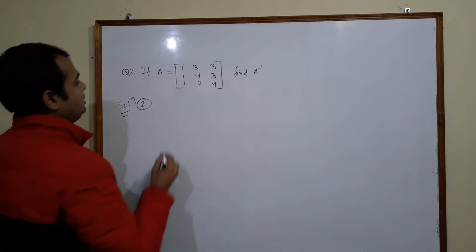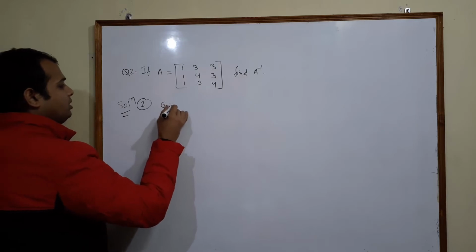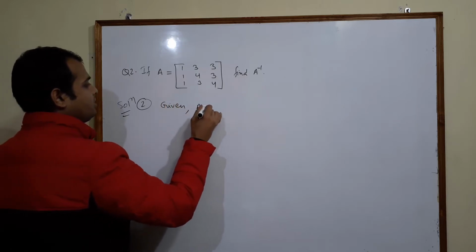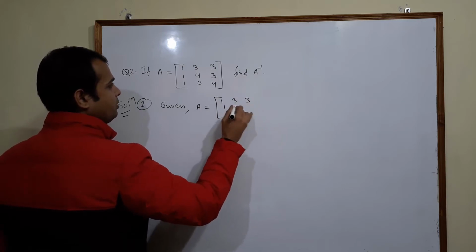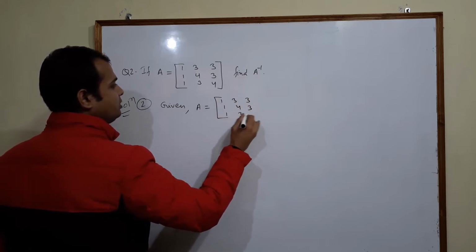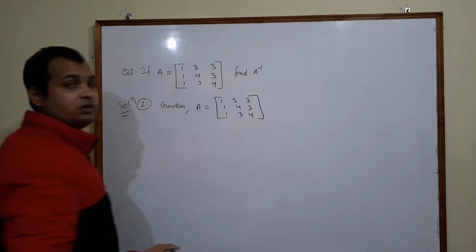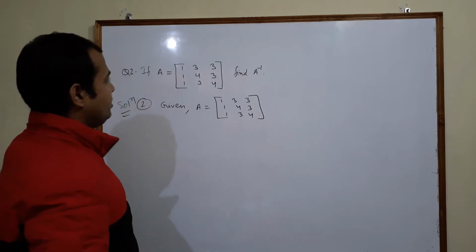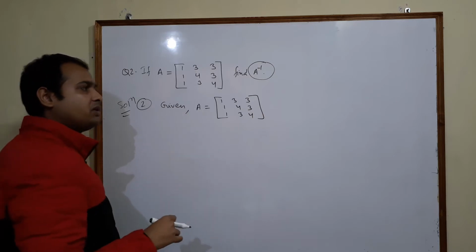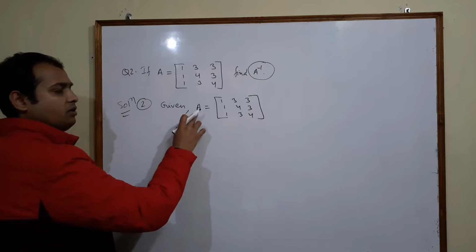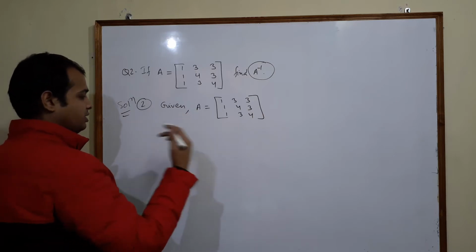Okay, given A is this 1 3 3 1 4 3 1 3 4. So this is your matrix. You have to find A inverse. So this matrix A will have inverse only if determinant of A is not equal to 0. Okay, so let us find the determinant.